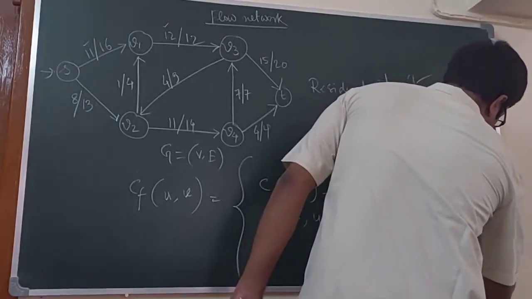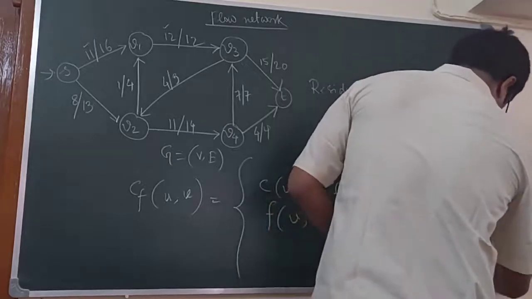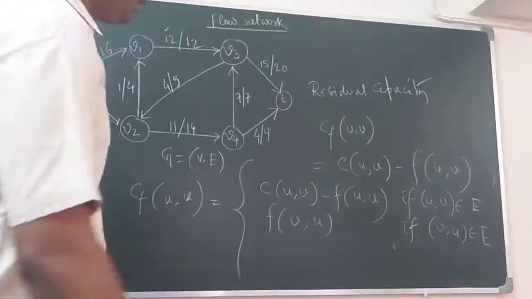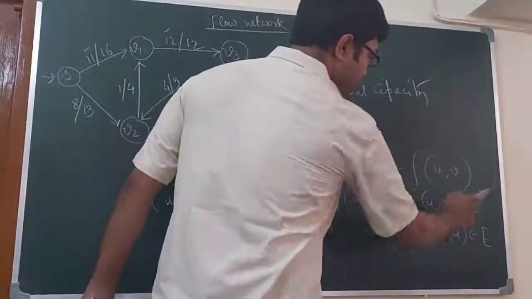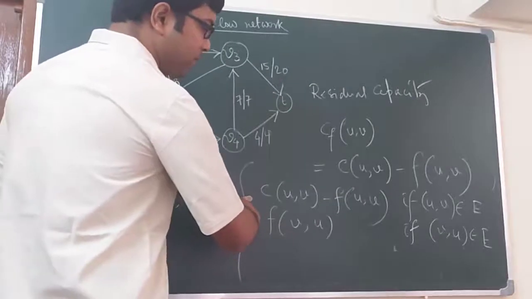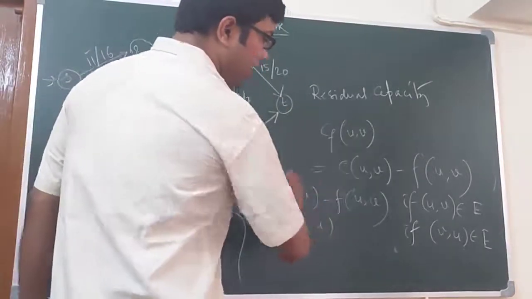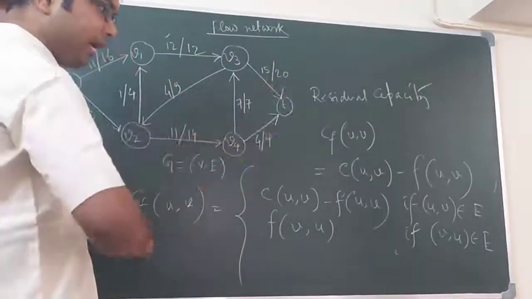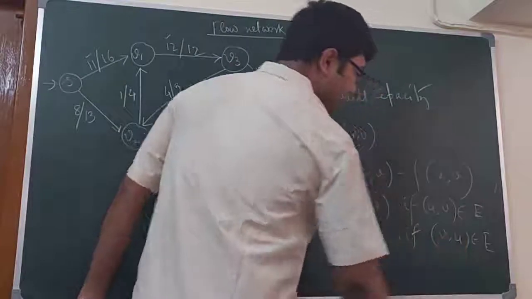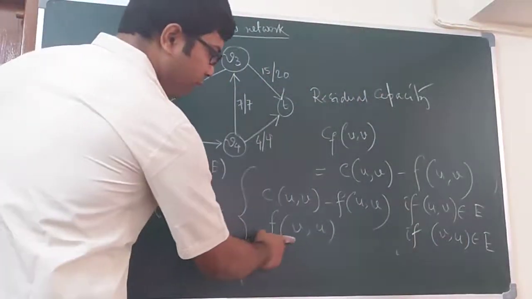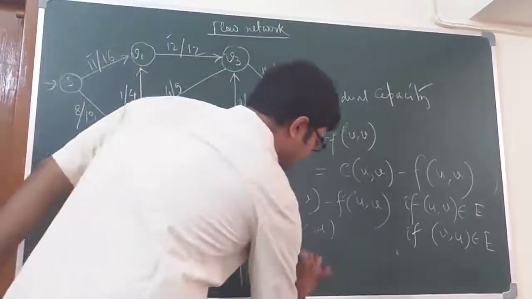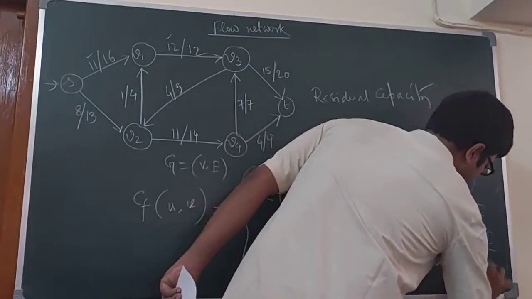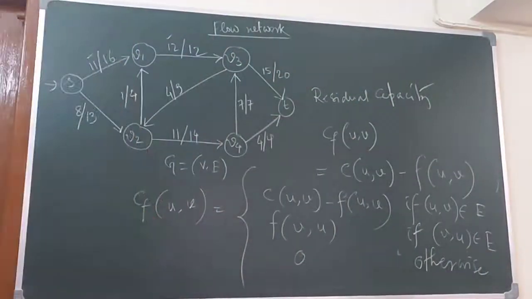If the forward direction uv belongs to E, then we can increase the flow by the amount capacity minus flow. If the reverse edge exists in the set E, then it is f of vu, and 0 otherwise, if no such edge exists in the graph.